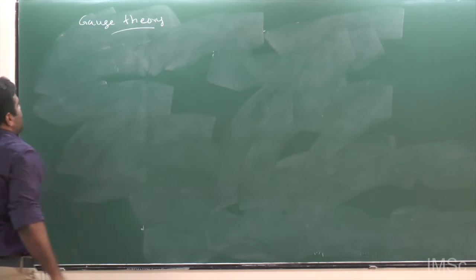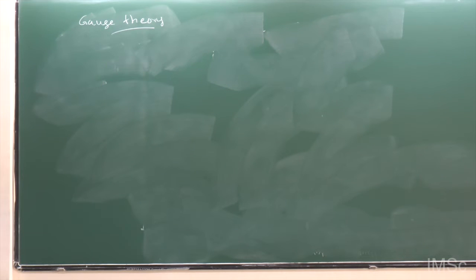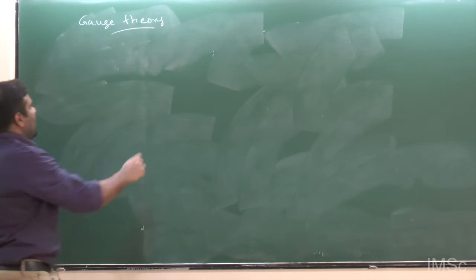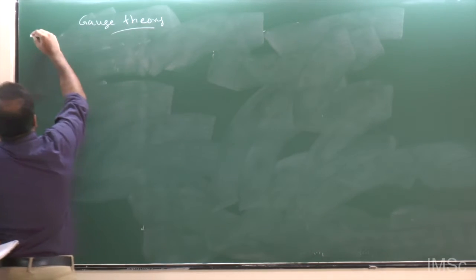So you have a gauge theory and you want to construct that gauge theory or quantize that gauge theory. So the gauge theory for our situation is string field theory. But before getting into string field theory, we should understand the quantization of gauge theories.